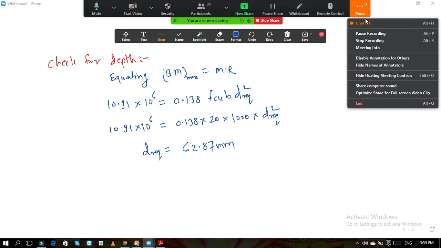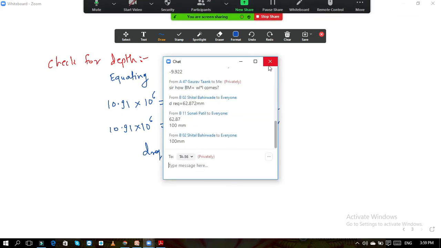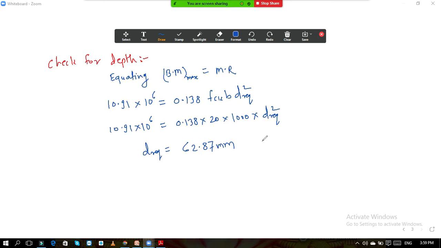Please check the depth. 100 mm. Okay. So D required is less than our D provided, effective depth provided. We have provided 100 mm. Hence it is safe. Required is 62.87 and we have provided 100. So it is safe. Okay.